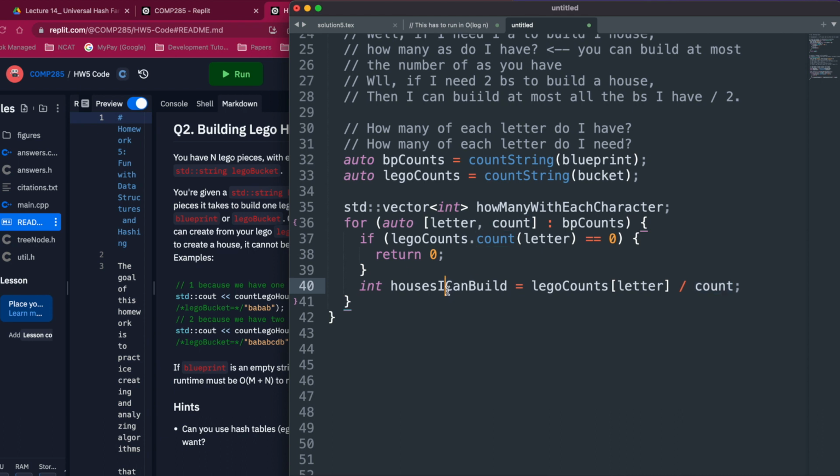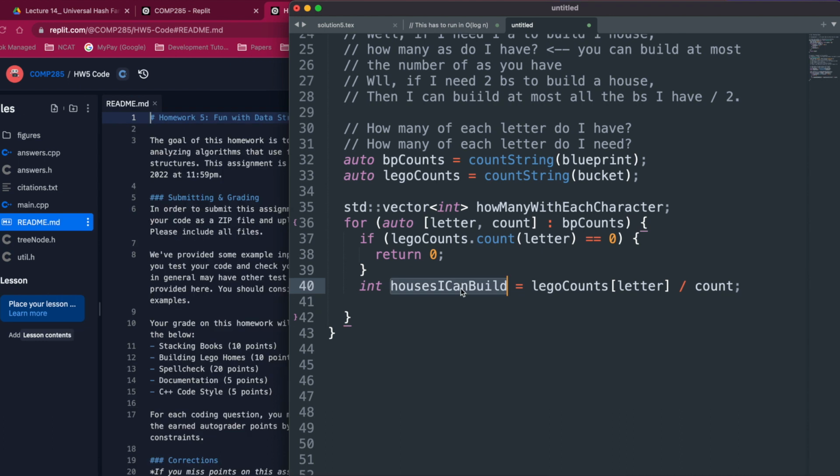So this tells me how many houses I can build. So if I have 10 A's and it takes me 3 A's to build one house, this will be 3. So it tells me it takes 3 houses to build. Houses I can build basically tells you how many houses you can build for that specific character.